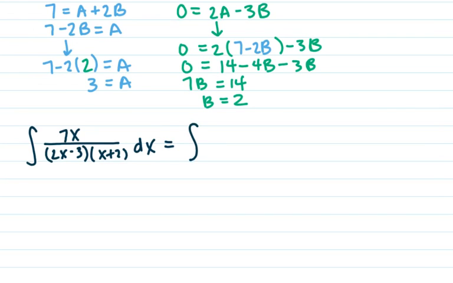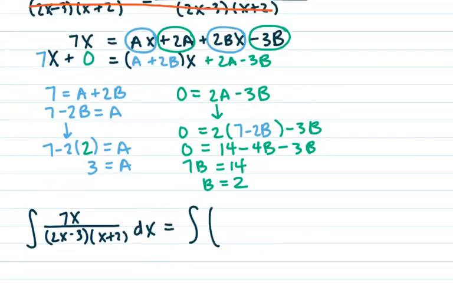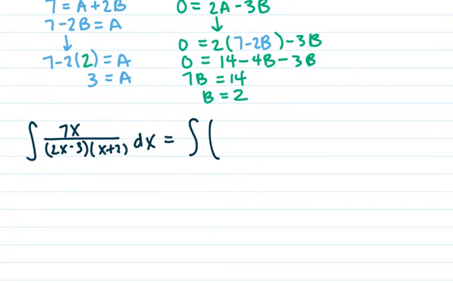I have now found a way to rewrite that, where over 2x minus 3, I have a 3, and then over x plus 2, I have a 2.